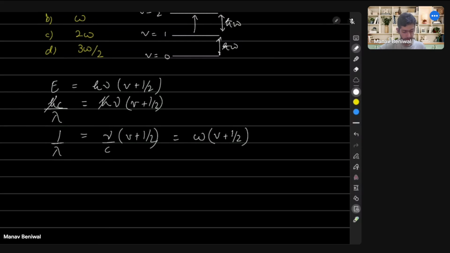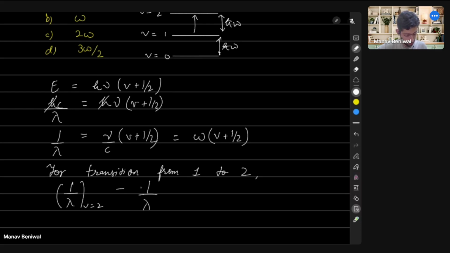Okay, now for transition from 1 to 2, we get 1 by lambda for v equals 2 minus 1 by lambda for v equals 1.